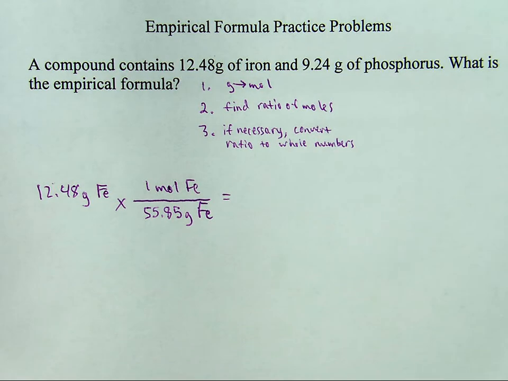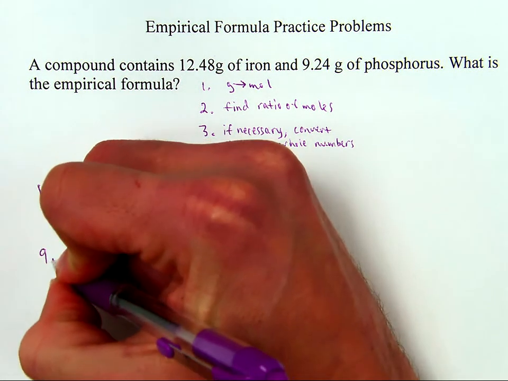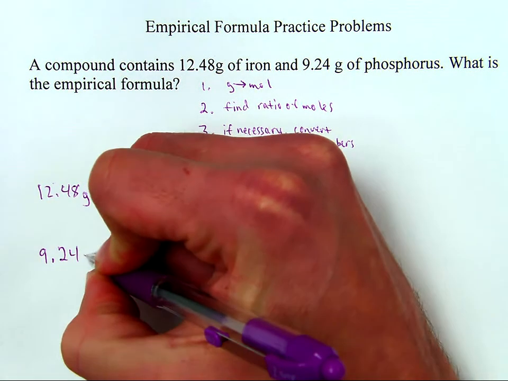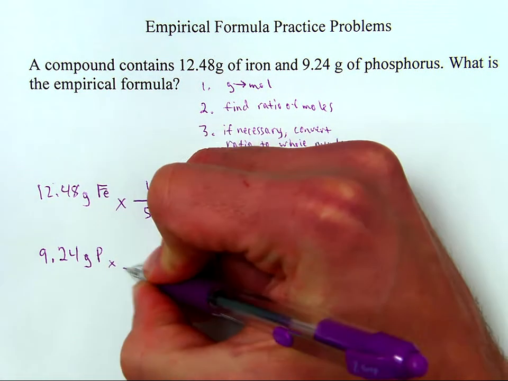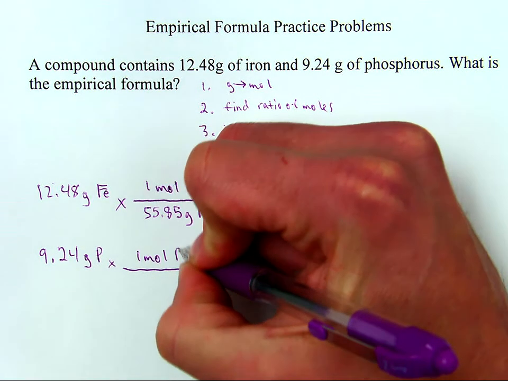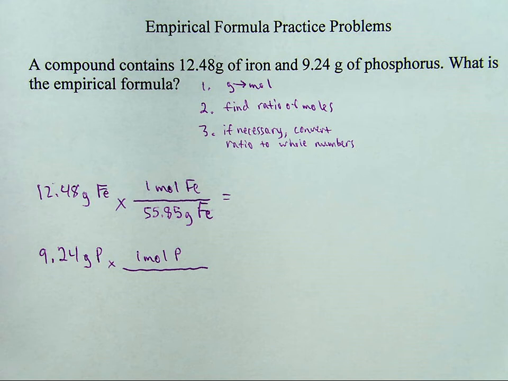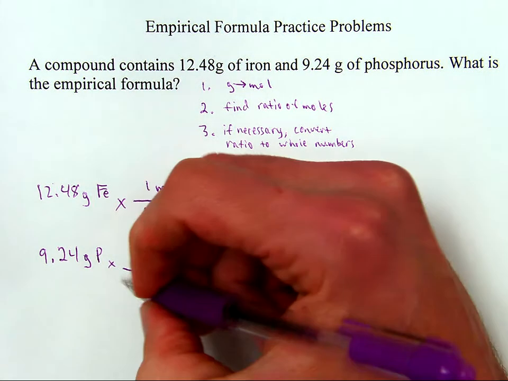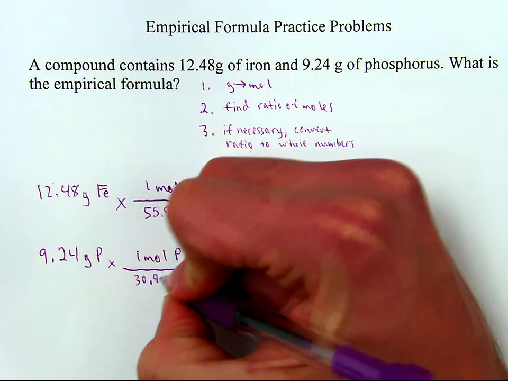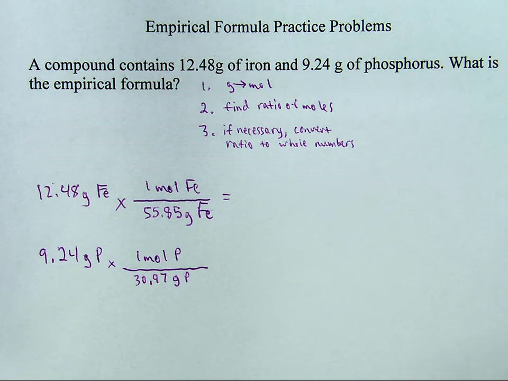And I'll also set it up for the conversion of grams of phosphorus to moles of phosphorus. So that's 9.24 grams of phosphorus, with the conversion factor having 1 mole of phosphorus on top, so I get moles of phosphorus as the final unit. And the molar mass of phosphorus is about 30.97 grams.